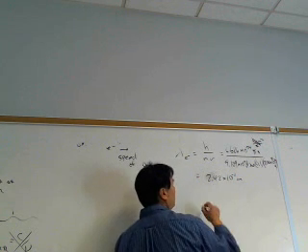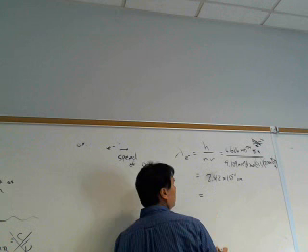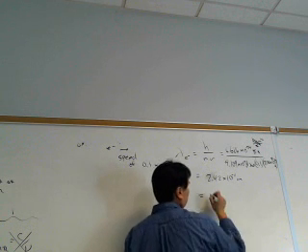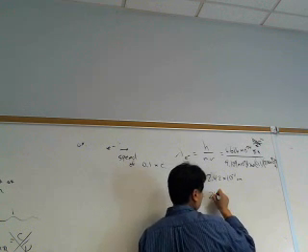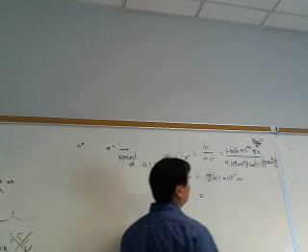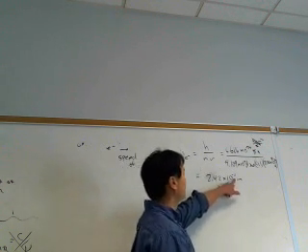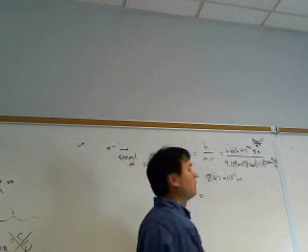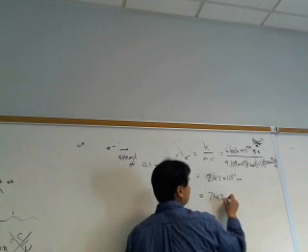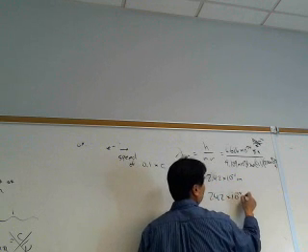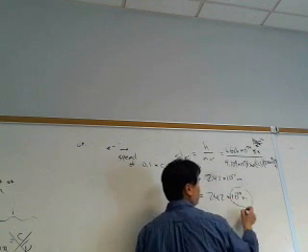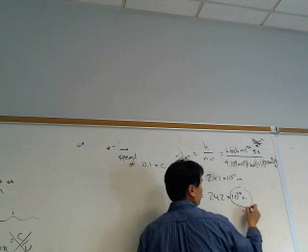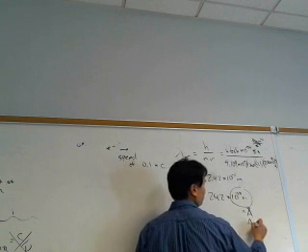2.42 times 10 to the minus 11 meters is equal to, if I want to make this 10 to the minus 10, I make this smaller, so I have to make this bigger. And so this would be 24.2 times 10 to the minus 10 meters. You know what 10 to the minus 10 meters is called? It's called an angstrom.